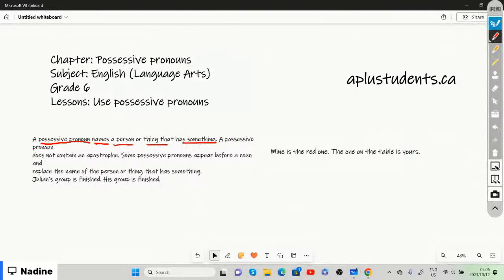And a possessive pronoun does not contain an apostrophe. Usually when we show possession, we put the apostrophe s to show that there is a form of possession or that something belongs to someone. But in this case, a possessive pronoun does not contain an apostrophe.